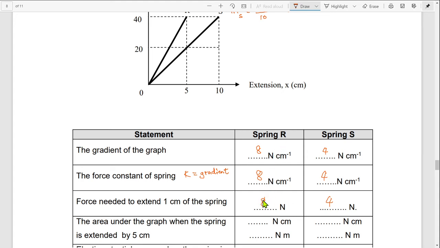For this one, I need 8 Newton to extend the spring by 1 cm. For spring S, I only need 4. So meaning to say, spring R is stiffer. Spring S is softer.